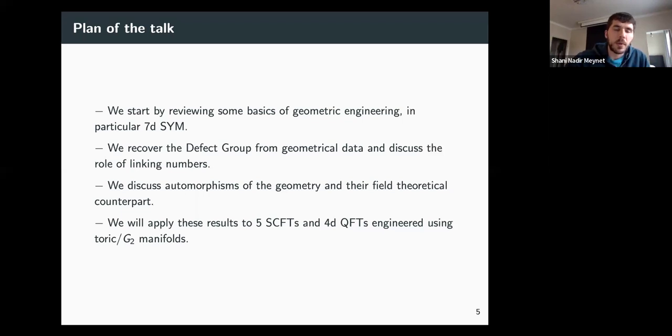In particular, we will recover the defect group, so basically the center symmetry of 7D Yang-Mills, directly from geometry. And we relate this fact to the so-called linking numbers, a topological invariant quantity that can be explicitly computed, defined in the boundary geometry, and so I will show how this enriches the dictionary of geometric engineering.